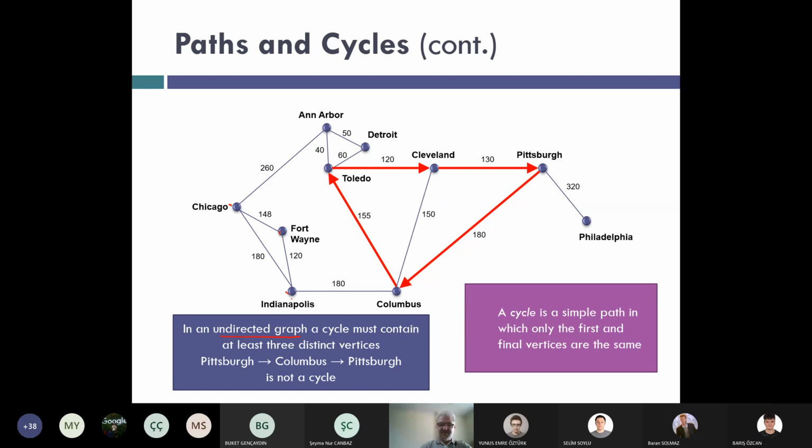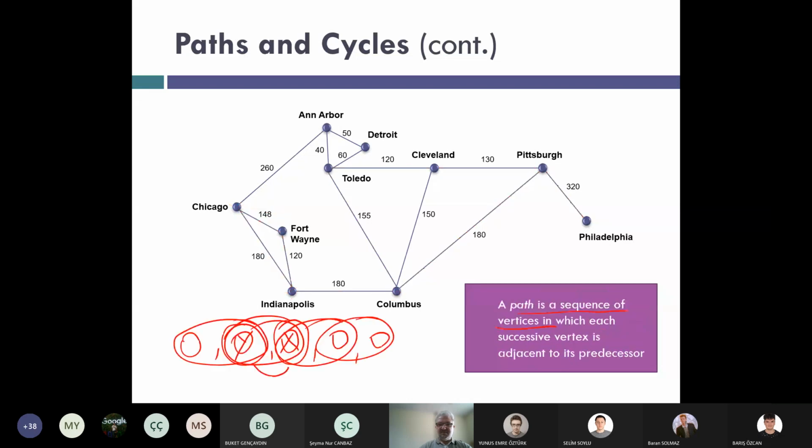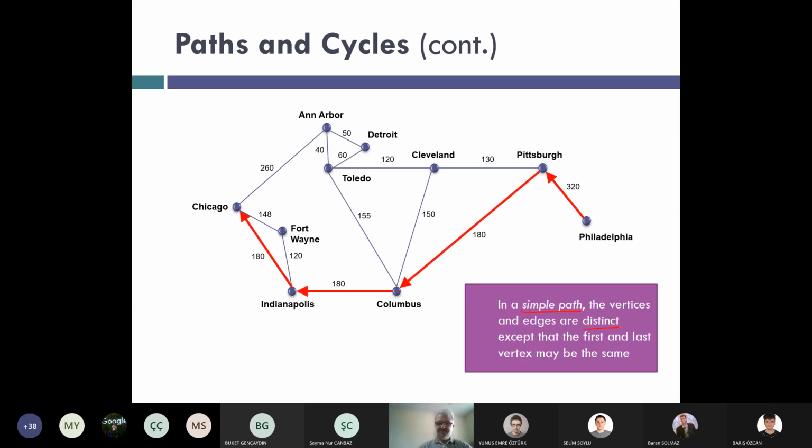But in directed graphs, for example here, A, B, A is considered a cycle as well. From A to B, B to A. We call this a cycle since we traverse distinct edges from A to B and B to A in this graph.